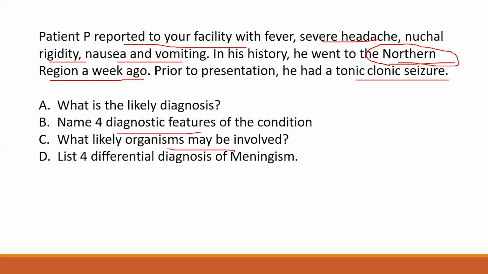You can even talk about sepsis. When you have severe sepsis, it can also lead to meningism. So again, brain abscess, brain neoplasms, delirium tremens, subarachnoid hemorrhage, encephalitis, and febrile seizures or febrile convulsion. All right.